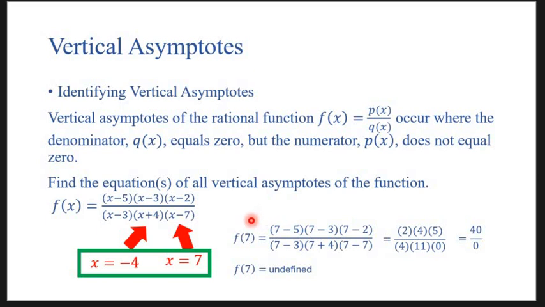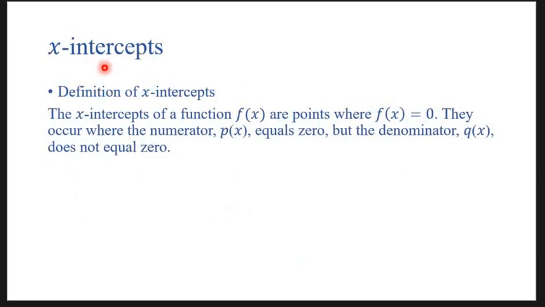The last thing I want to talk about as far as the graph of a rational function is concerned in this video is the x-intercepts of a rational function. The x-intercepts of a function f of x are points where f of x is equal to 0. And that's not just for rational functions. That's for any functions. All you have to do is make sure that the y value is 0.